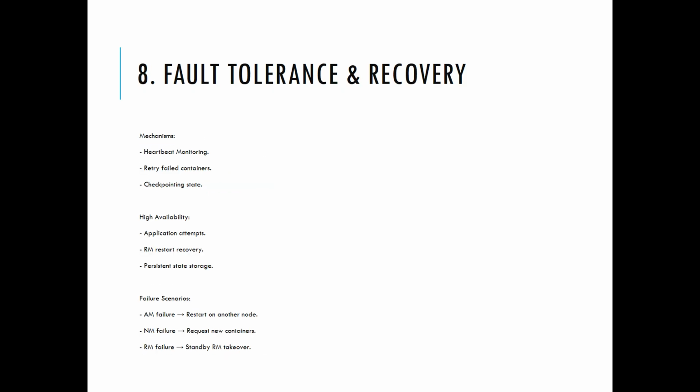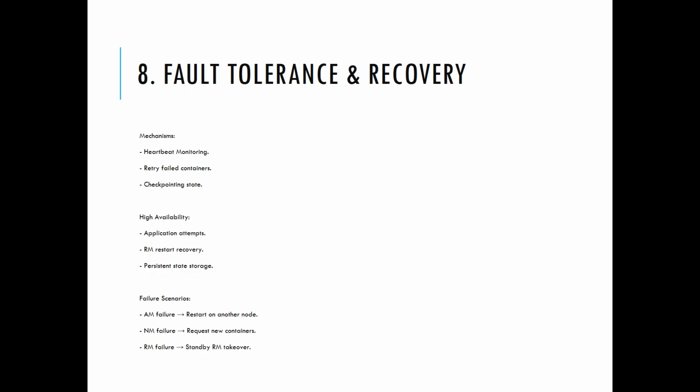YARN is designed for fault tolerance, and the application master is a key part of this. Several mechanisms ensure robustness. Heartbeat monitoring between the AM, RM, and NMs detects if a component has failed. The AM can retry failed containers a specified number of times. For long-running applications, the AM can periodically checkpoint its state to persistent storage to enable recovery.